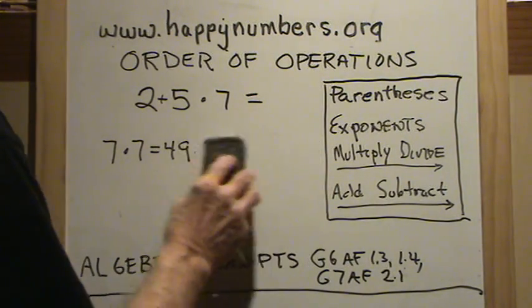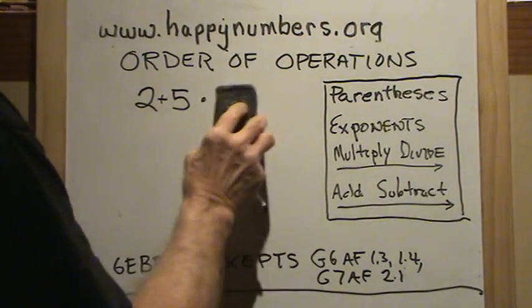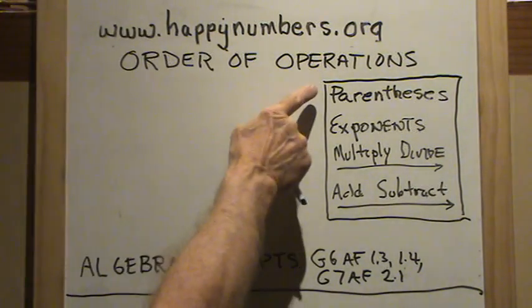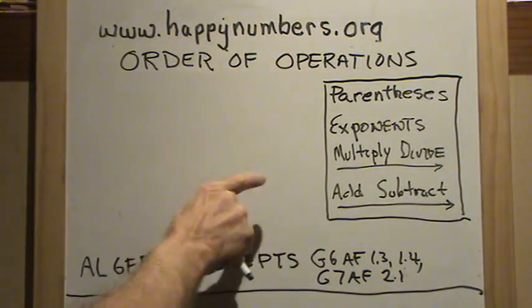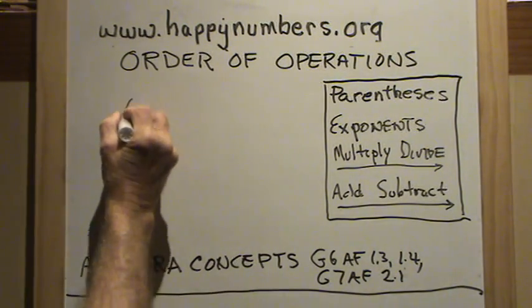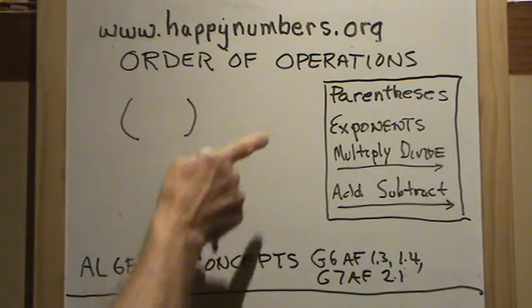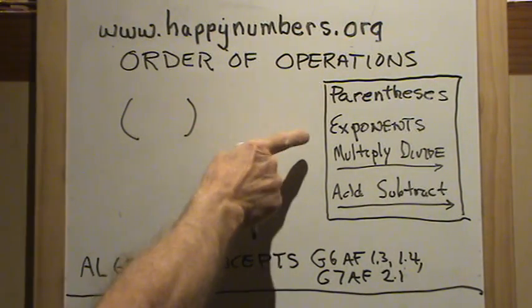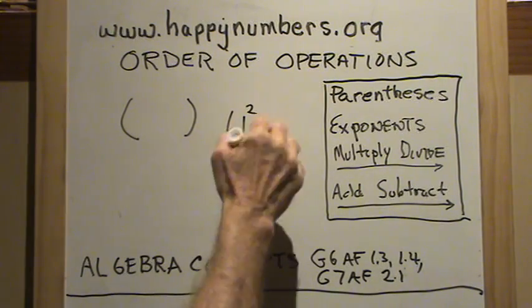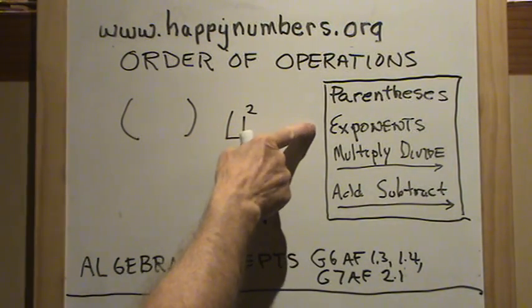Well, we have an order of operations to take care of that confusion, and here are the rules. You always do what is in parentheses first. Then if there are any exponents, you do exponents second.